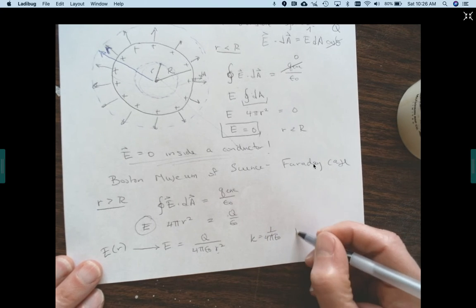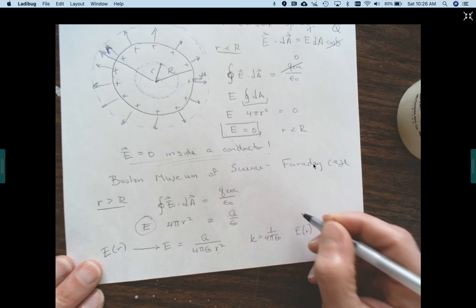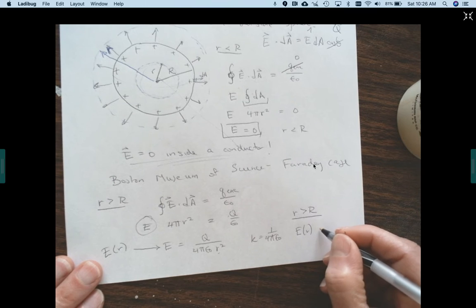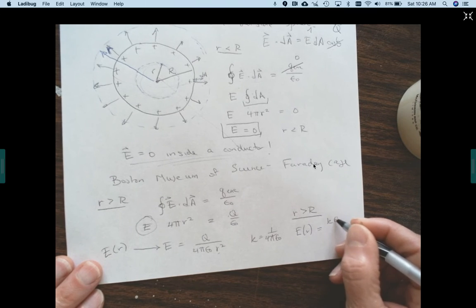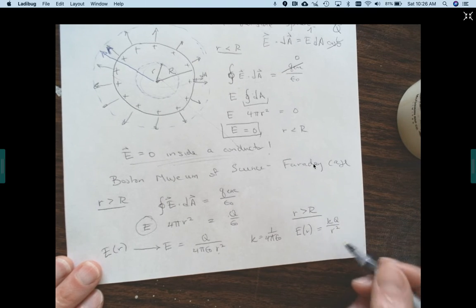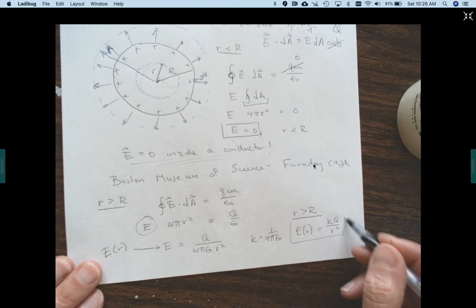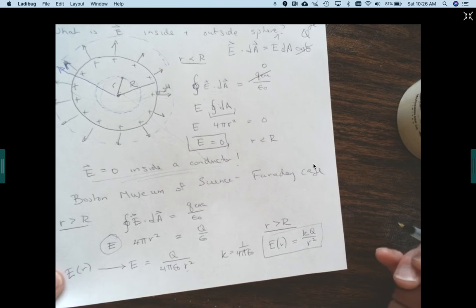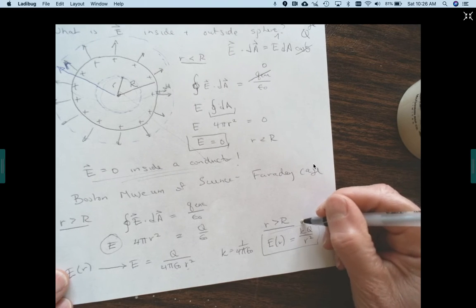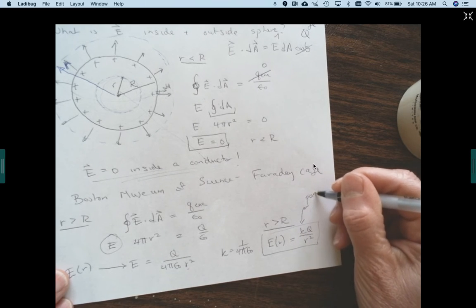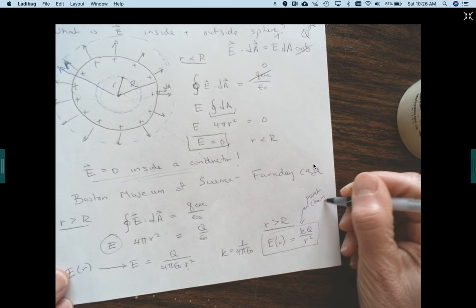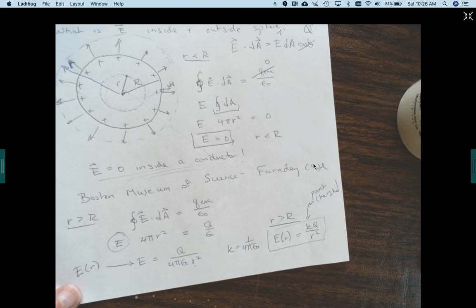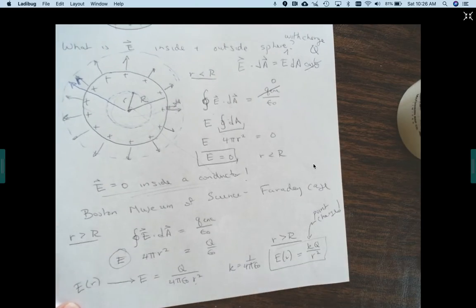So the electric field, when we're outside, r greater than the radius of the conducting sphere, looks like kQ over r squared. So this is the same as a point charge. We saw this with a charged sphere, same thing. Once you get outside, it looks just like a point charge. Okay, it's exciting.